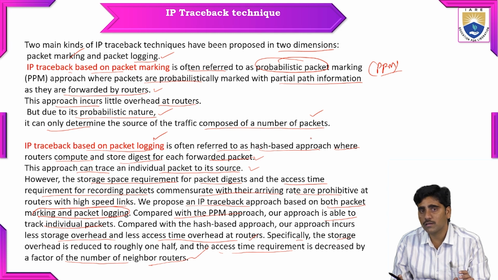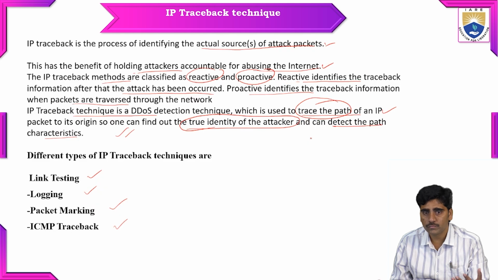So each and every packet has to give its information at the router, and the router stores the information of each and every packet. And packet logging: where the packet is going to be started, what time it is started, and what route it is going to select for targeting the system. All the packet logging information is going to be stored here.